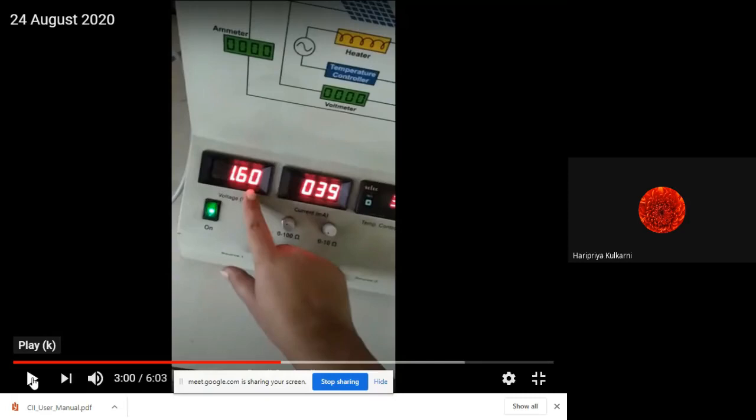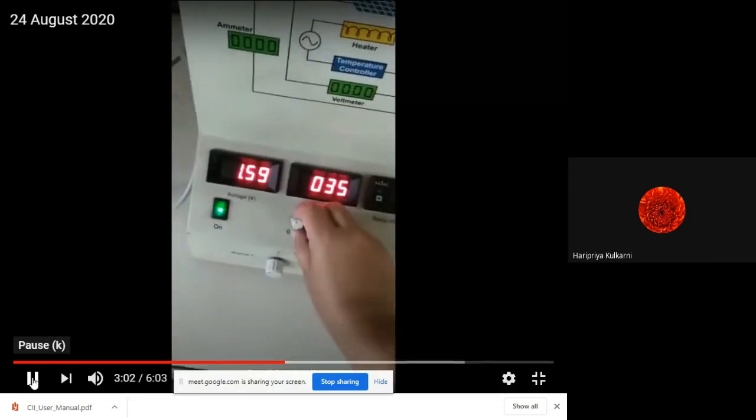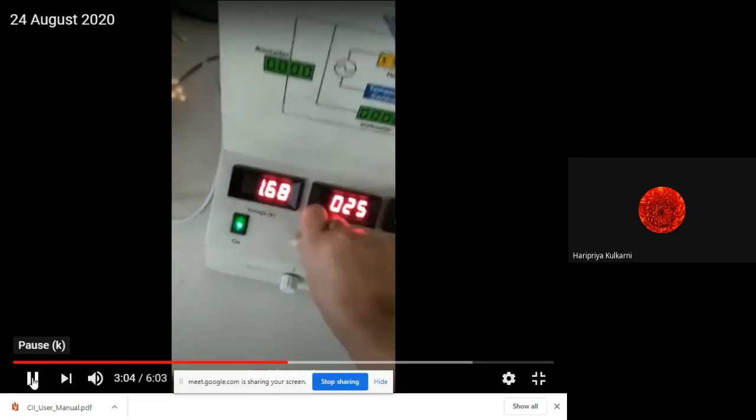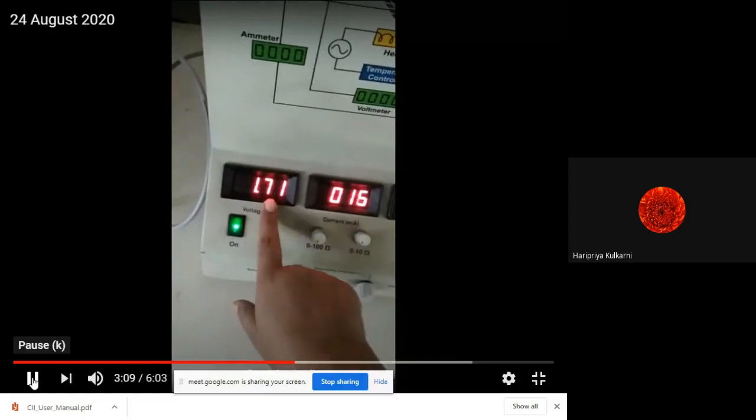Next reading 1.6 volt, 39 milliampere. Now I am trying to have the maximum voltage, which is 1.71 volt, 15 milliampere.